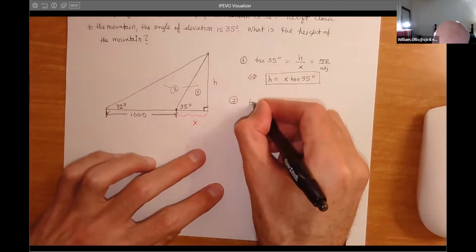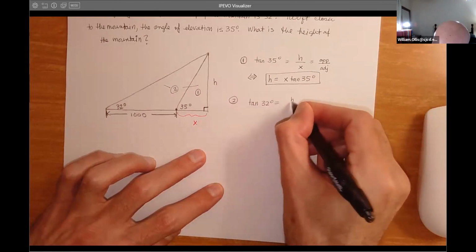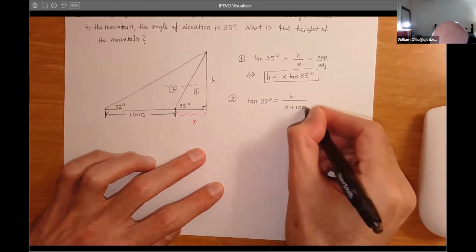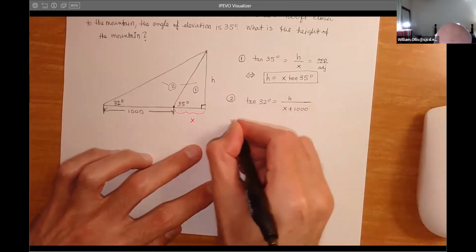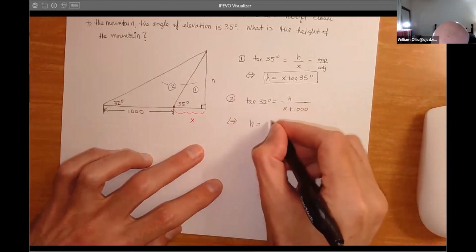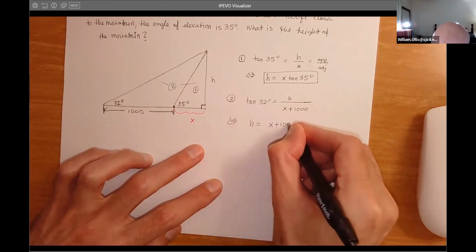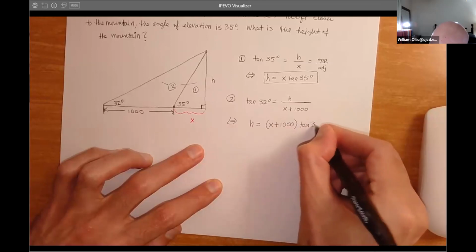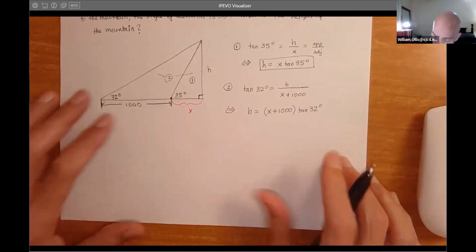We'll say tangent of 32 degrees equals H over X plus 1,000. Now, equivalently, cross multiply, H equals X plus 1,000 times the tangent of 32 degrees. Of course, we'll have to distribute that because that's what the algebra tells us we have to do.